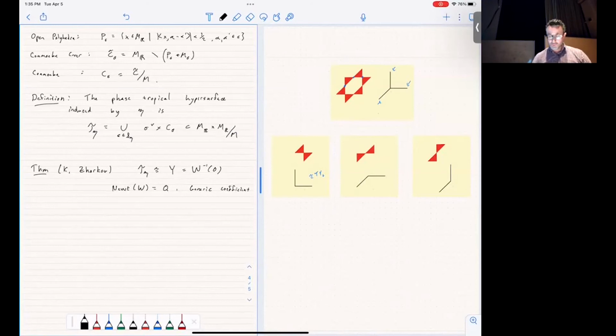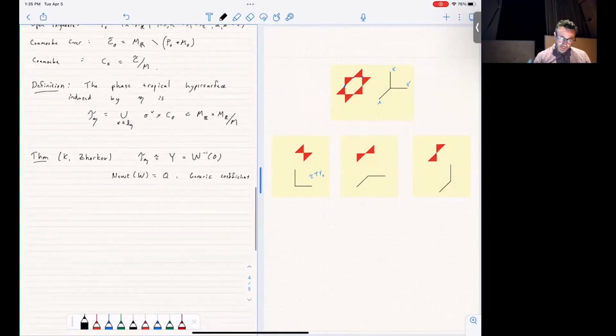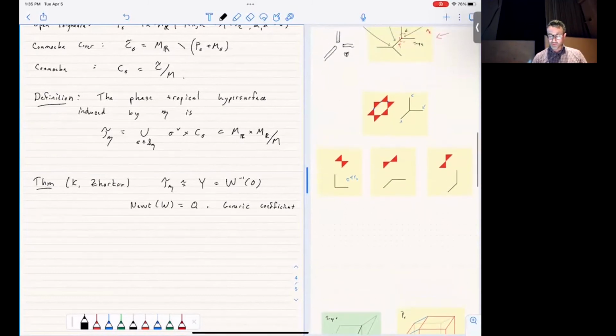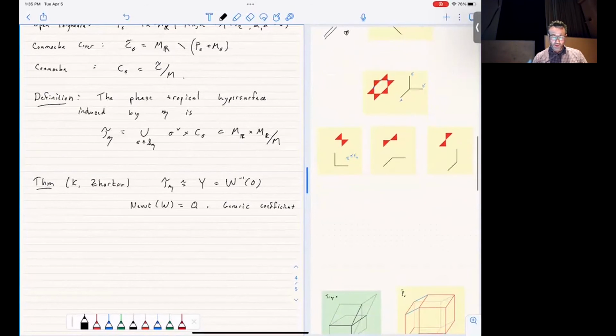So now, for the last 10 minutes, what I want to talk about is, if we were to put a symplectic structure in some combinatorial sense on this phase tropical variety, what kind of objects we might find that would be nice: Lagrangians.